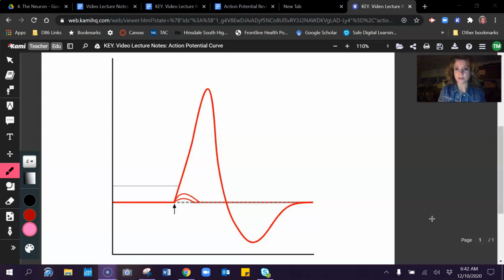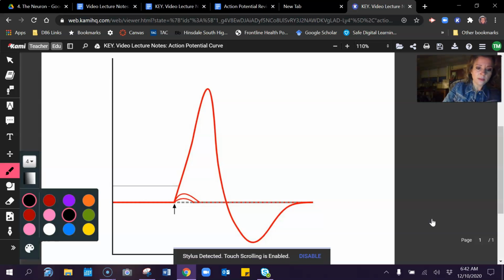Okay, so I just zoomed in on this action potential graph so that I could have a little more space to draw and so that you would be able to see clearly. The first thing that I want to do though is label the axes on my graph.